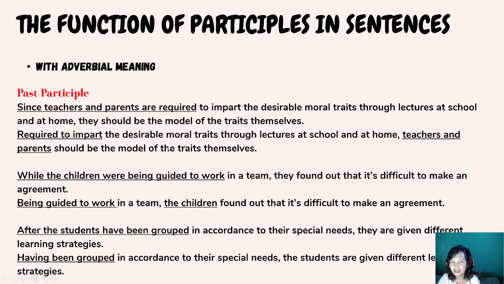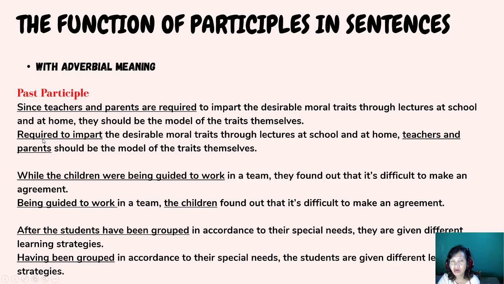So you have because, or you have since, teachers and parents, and then because this is past participle, it means that it is passive, so you need to be. So because teachers and parents are required.